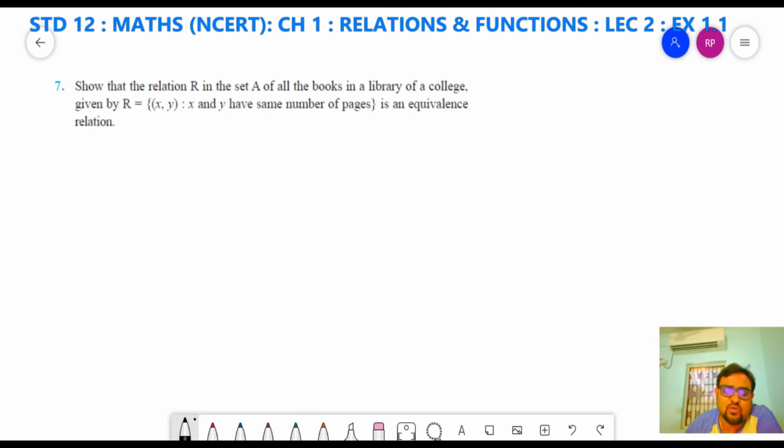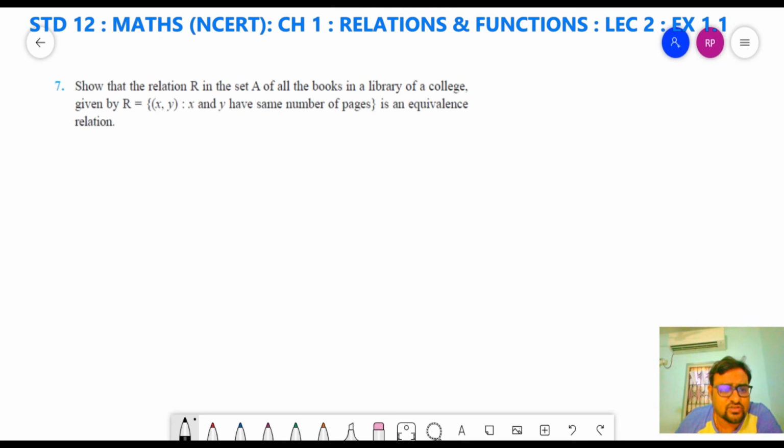Now, what was an equivalence relation? The relation which is symmetric, reflexive, and transitive. If all three are there, then that relation is called an equivalence relation. So here we need to prove that the relation R is reflexive, symmetric, and transitive.